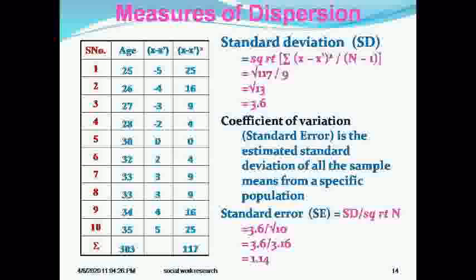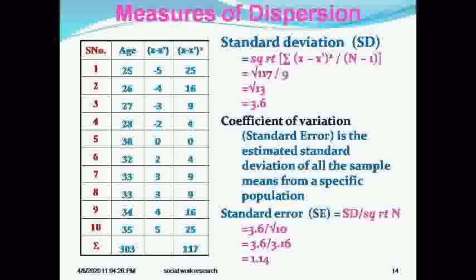Coefficient of variation, or the standard error, is the estimated standard deviation of all the sample means from a specific population. Now you find this is a sample of 10 observations. Suppose we take our class as the population, which has 108 students.